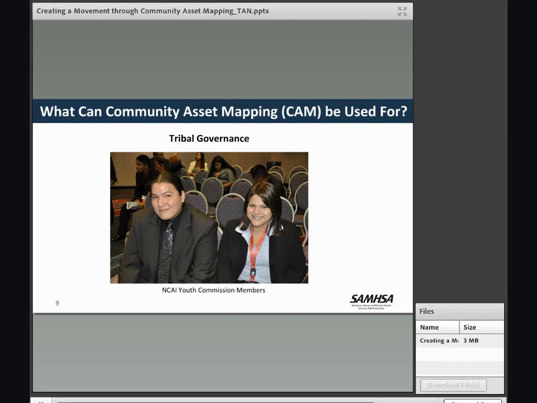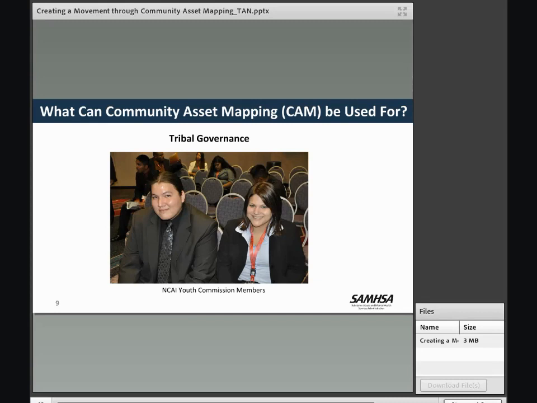So tribal leaders really need to be aware of all the assets in their communities so that they can strengthen their governance systems. When community members gather data on tribal assets, they can be resources that current and future tribal leaders use for education, for training, for technical assistance on different community issues.